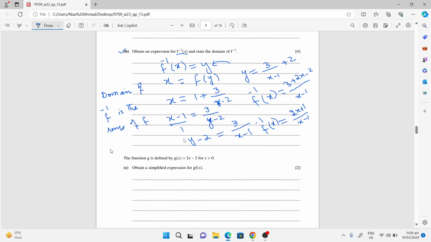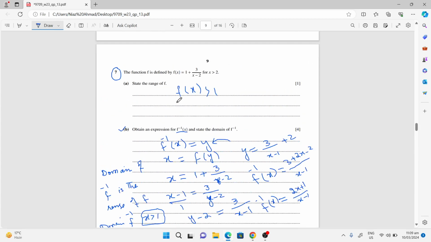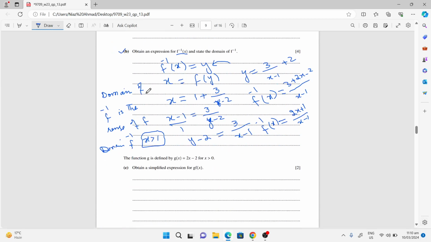So the domain of f inverse is also x greater than 1. The range of the function in part 1, remember this, the range in part 1 is greater than 1. So the domain of the inverse will be the same, because the domain of the inverse is the range of the original function. So the domain of f inverse is also greater than 1.